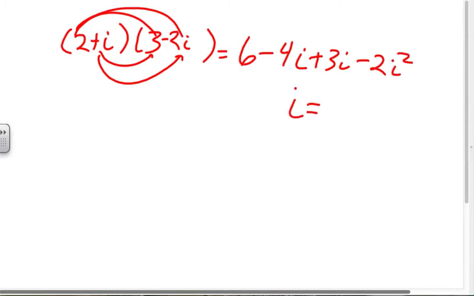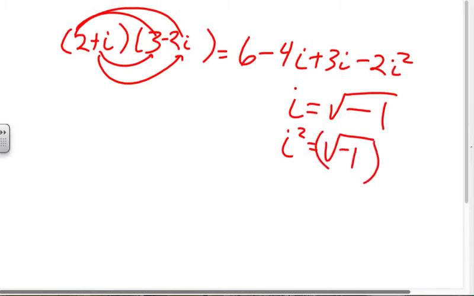i is the square root of negative 1. So i squared would be the square root of negative 1 squared, which is negative 1. i cubed would be i squared times i.